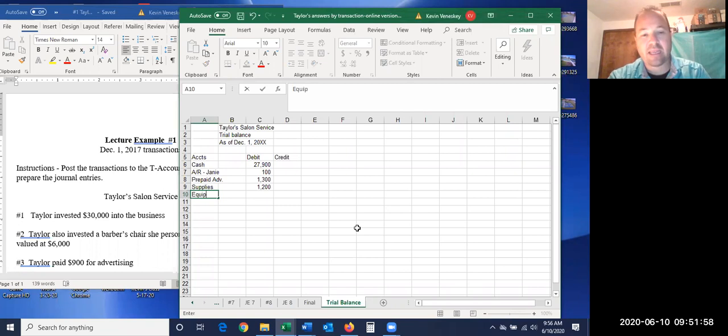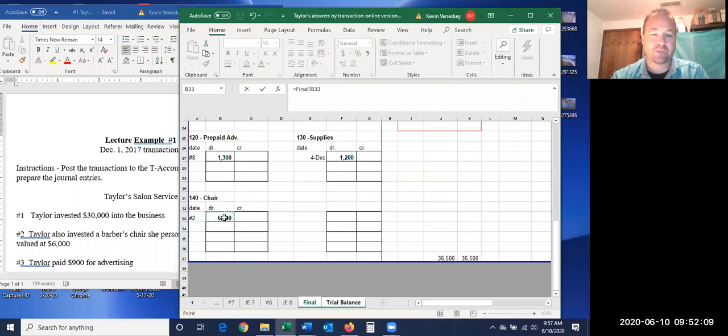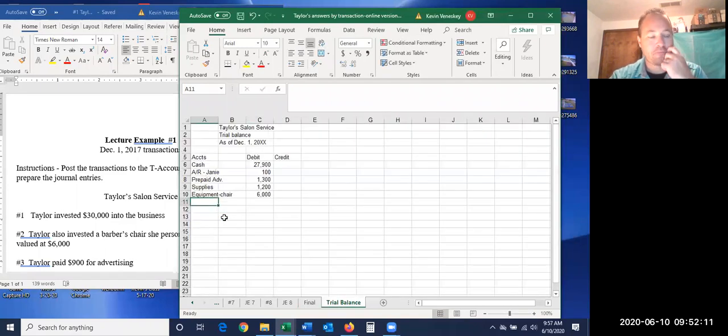And then finally, my last asset account, my long-term one, was the equipment. $6,000. Typically, you might also skip a space here, because I like it to be easy to read. I like the trial balance to keep things in their separate areas.